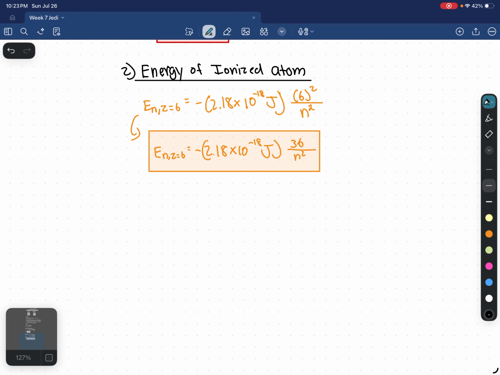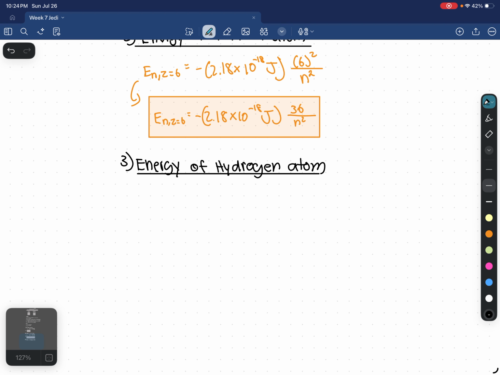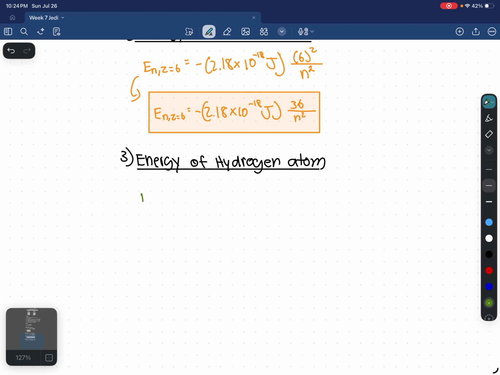Perfect. Our next step is going to be the energy of the hydrogen, right? And again, this is the same step as we did for the ionized atom. We know that for hydrogen Z equals 1, so we're going to just go ahead and do that. I'm just going to do this in a different color so we're able to distinguish it. So E_n is equal to negative 2.18 times 10 to the negative 18th power joules, and it's just 1, right?